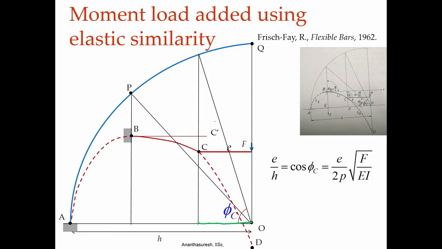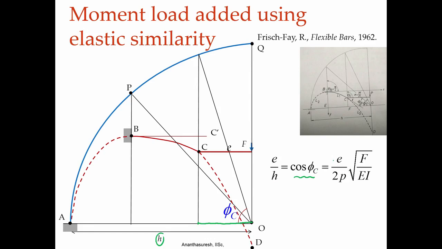H is the new H that we need to find, the radius of the circle, that is equal to cosine phi c, which we also know to be equal to this E by 2P square root of F by EI, that comes from the way the cosine phi c is defined here. So from here we can relate this H to E.